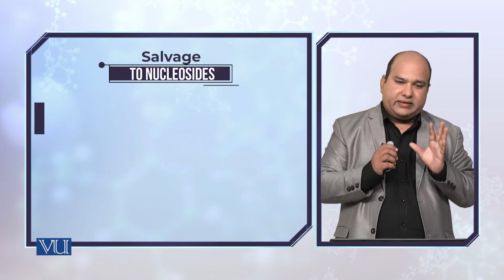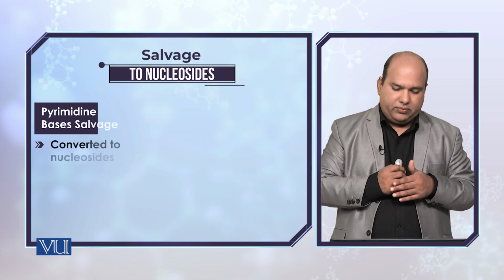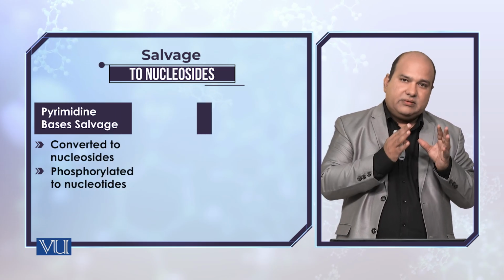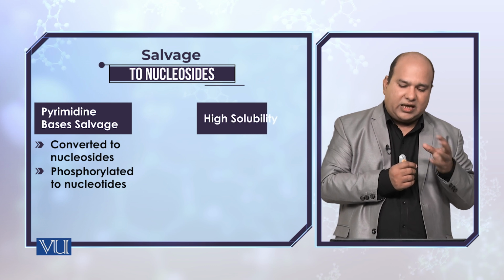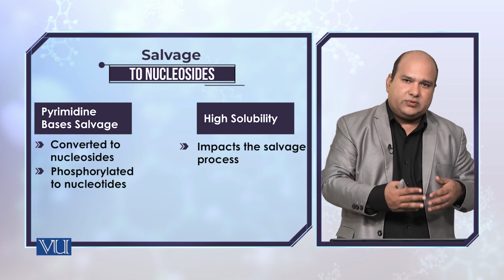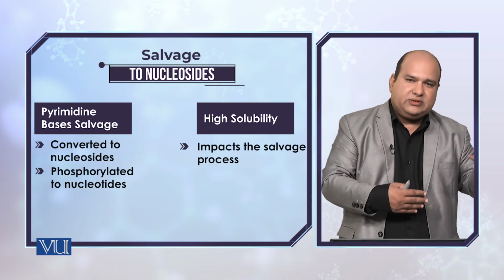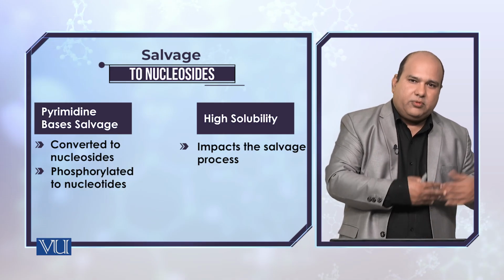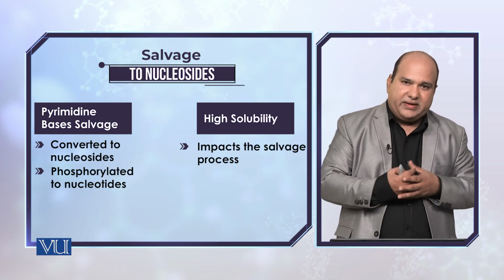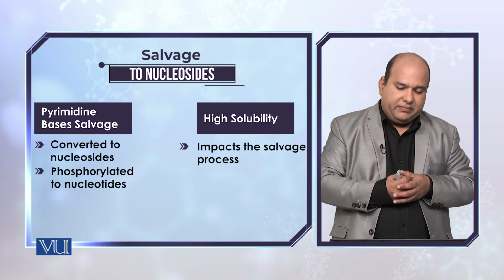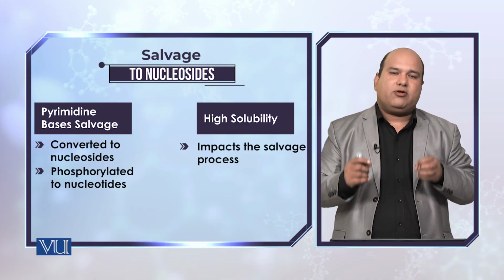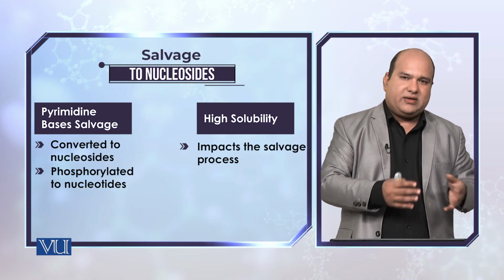Keeping things simple, as I have already told you, we can somehow use this pyrimidine metabolism for the salvage process, in which you make more pyrimidine molecules from the already present pyrimidine bases. But because of their high solubility, they are not that much available for the salvage process.